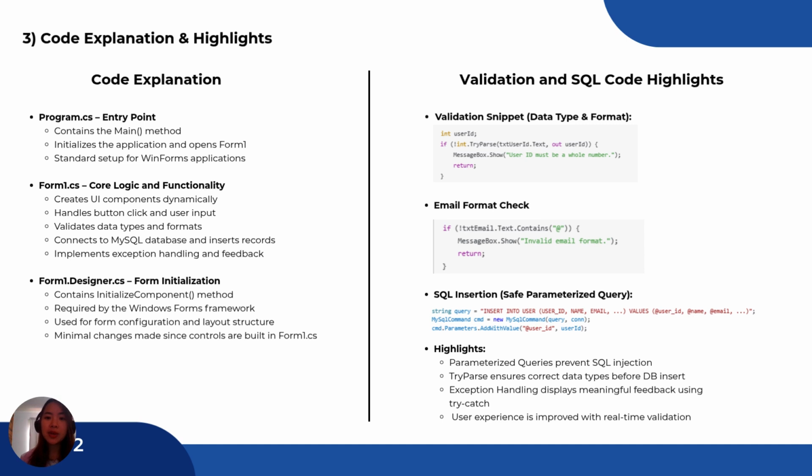The second snippet demonstrates a simple email format check. It ensures the email includes an @ symbol before allowing insertion. The third one shows how I use the parameterized SQL query with MySqlCommand. This prevents SQL injection and ensures each user input is safely passed to the database.